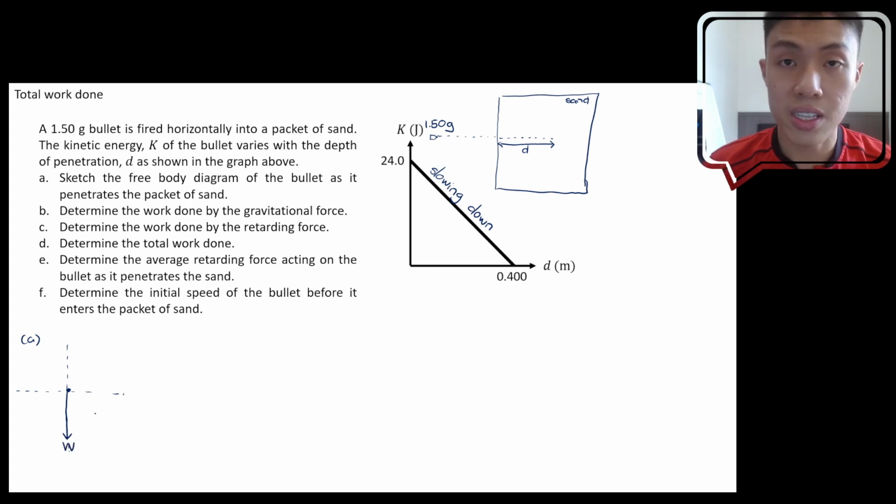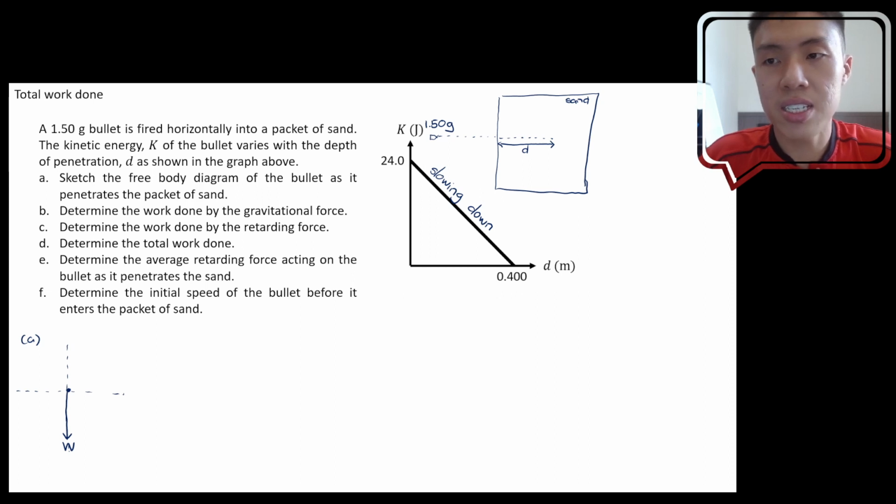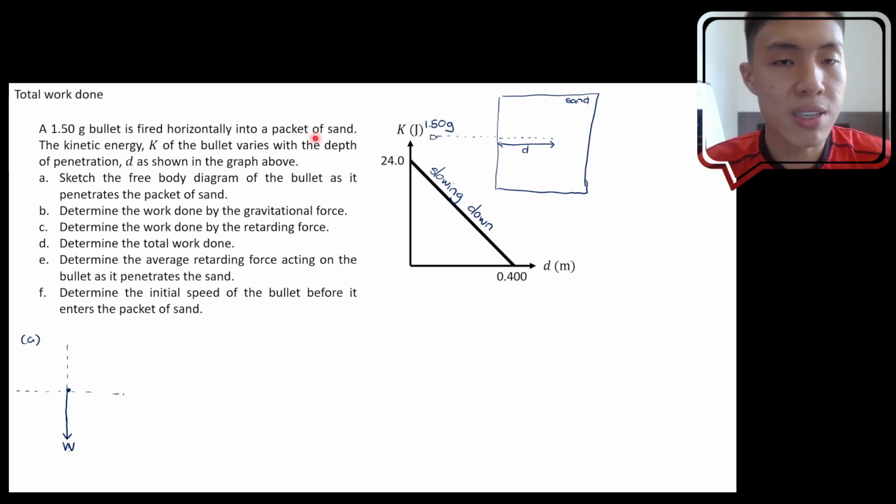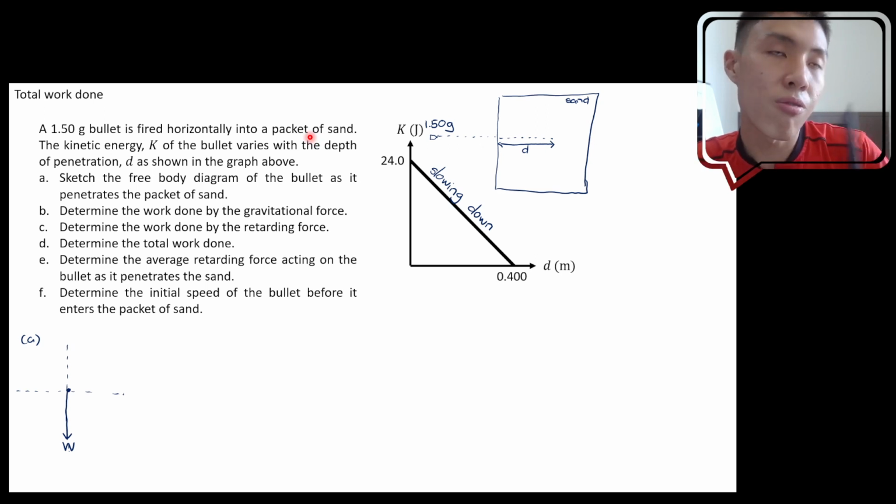Is the bullet connected to any rope, strings, or cable? No, it's not connected to any rope, strings, or cable, so there's no tension here. Next, is there any force being explicitly stated in the question or in the diagram? No, the question didn't say that you push the bullet into the packet of sand. It's just fired. So fired means it comes out from the pistol. So if it comes out from the pistol, it's no longer touching the pistol anymore.